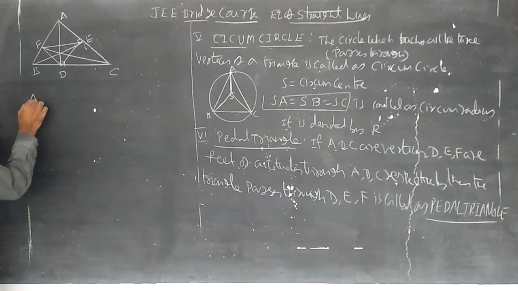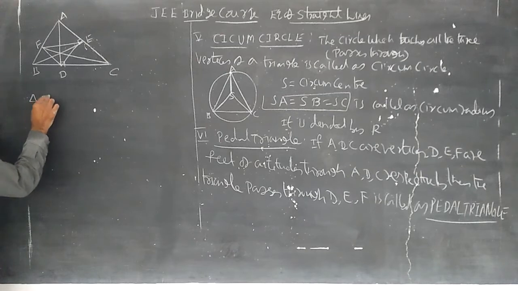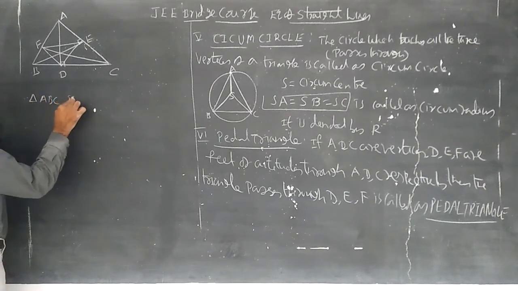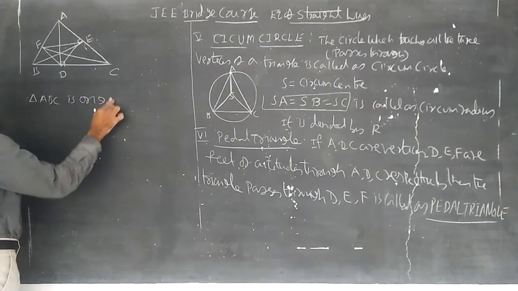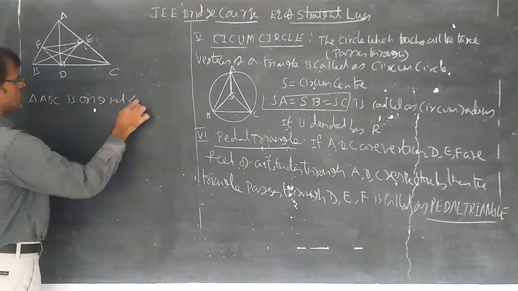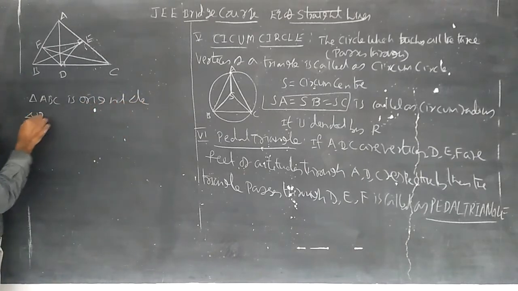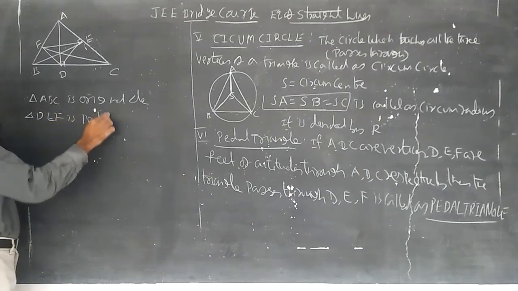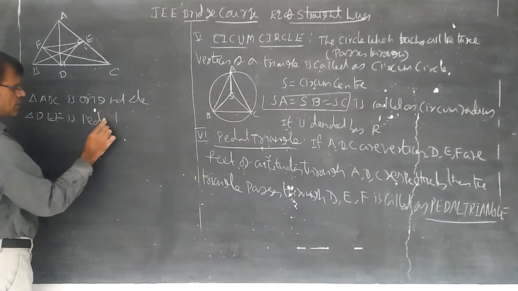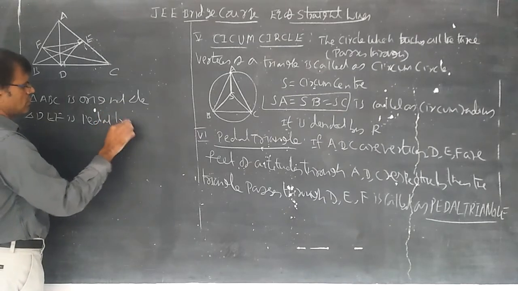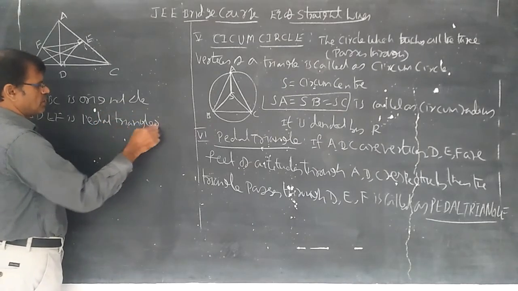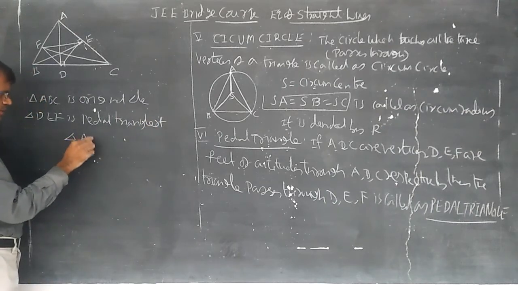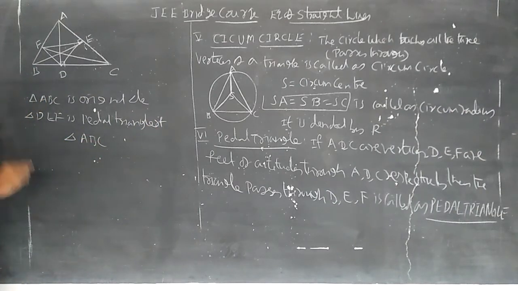So triangle ABC is the original triangle, and triangle DEF is the pedal triangle of triangle ABC.